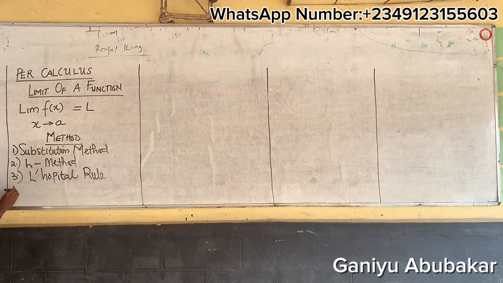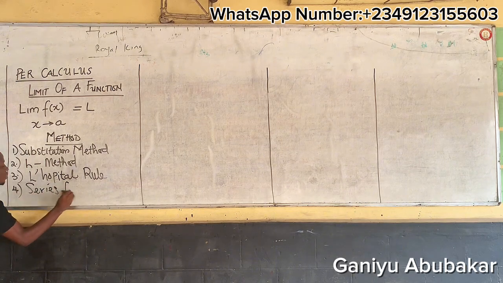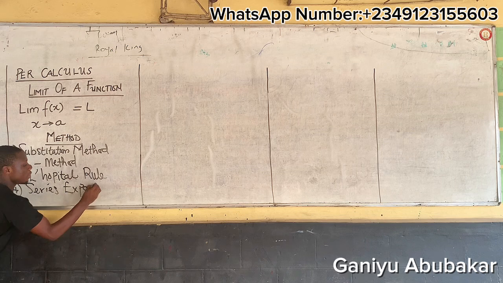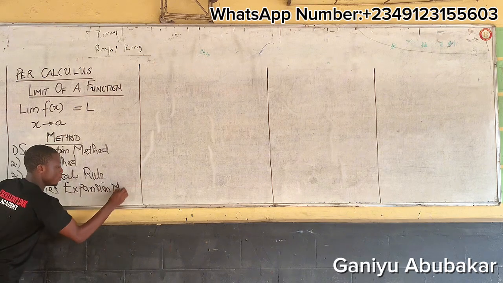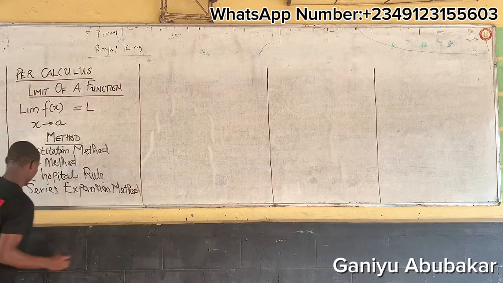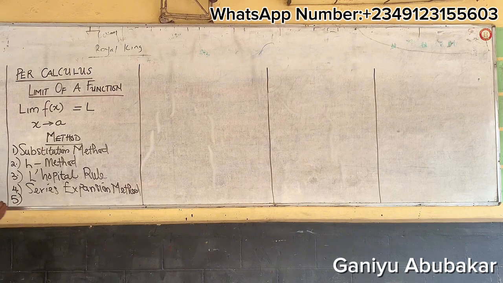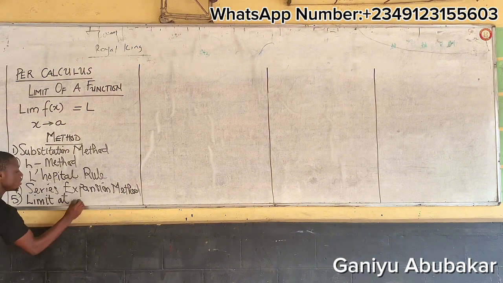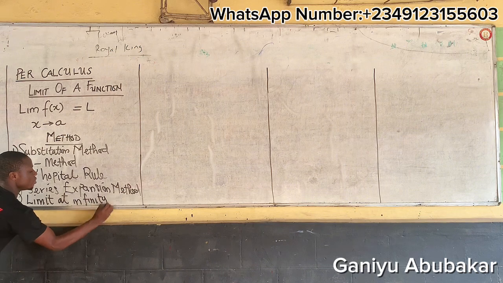Number four is called the series expansion method. Number five is called limit at infinity.